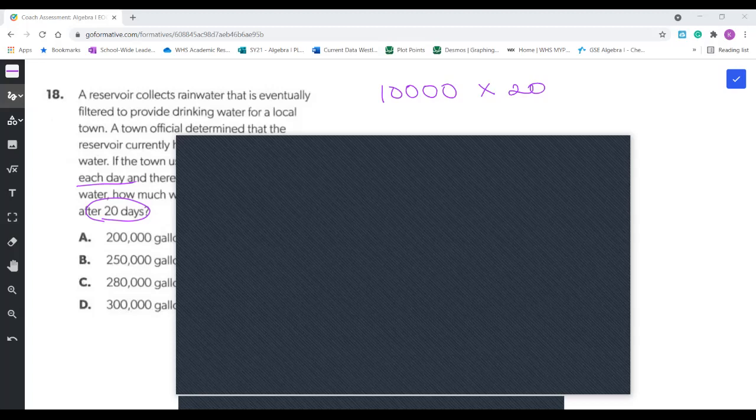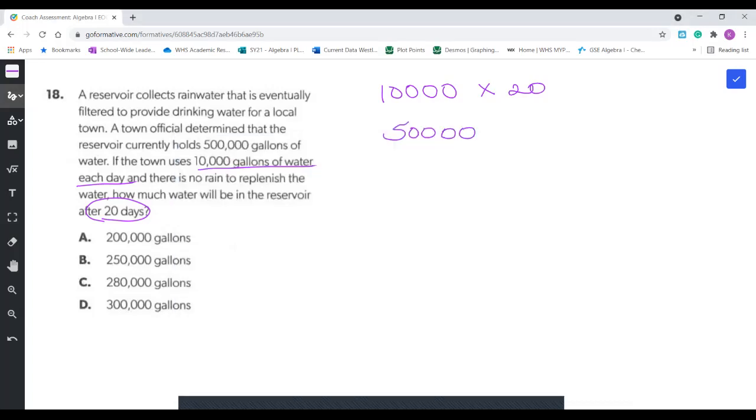Okay, I got 200,000. And then I'm going to take my 500,000 and subtract from it 200,000. And what is that going to be? You guessed it, 300,000 gallons will be left in the town reservoir. All right, let's move on.